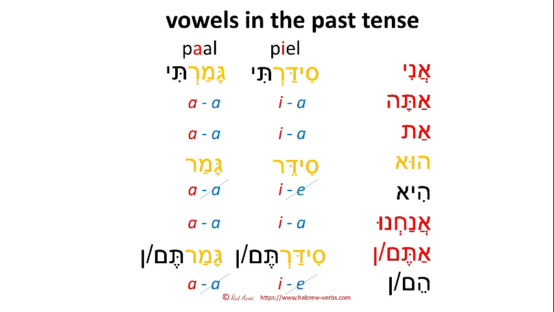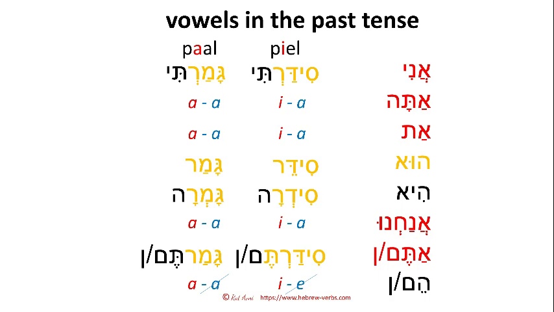Not sider. Hu sider. Atem aten sidartem, sidarten. He does not have a second vowel, so it is gamra. A because of the suffix. He sidra. A because of the suffix.